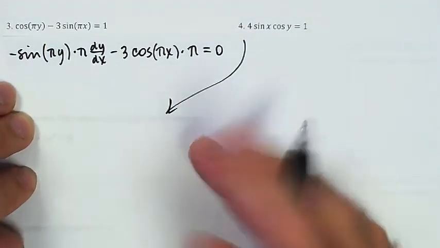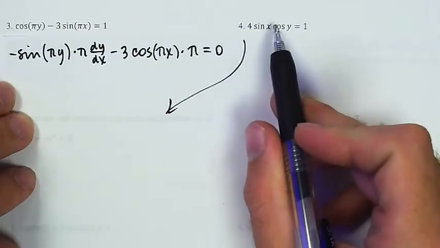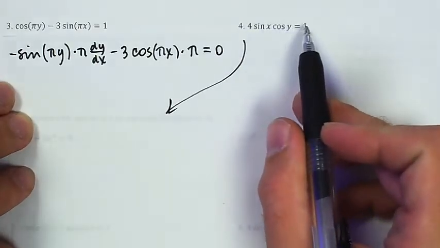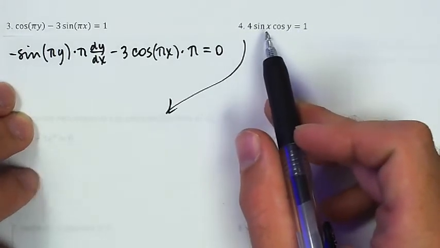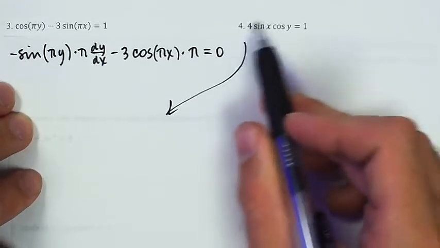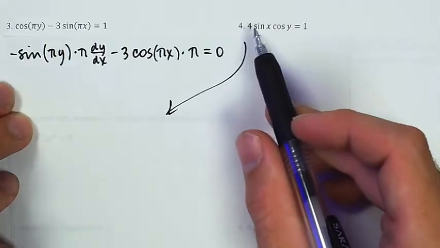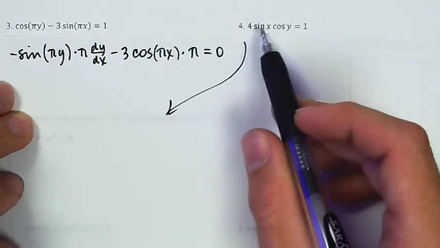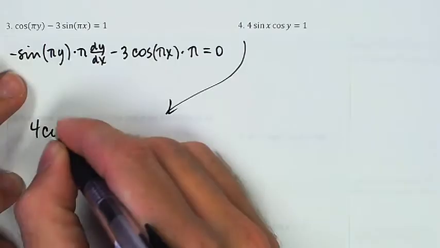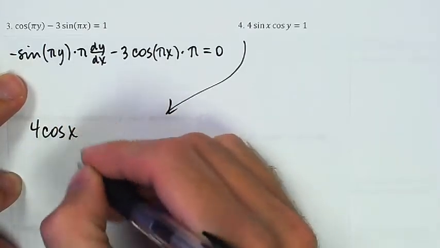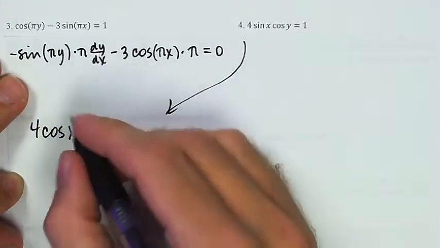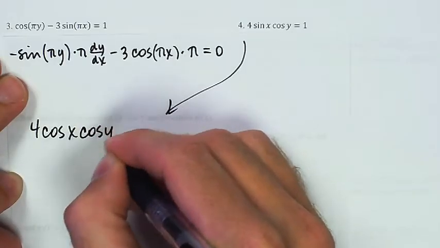Okay, number 4, this is a product here. 4 sine x times cosine y is equal to 1. So I'm going to need to use the product rule on this left side. The first factor is 4 sine x, and the second factor is cosine y. I want to do the easy one first. The derivative of 4 sine x is 4 cosine x. Leave cosine y the same.